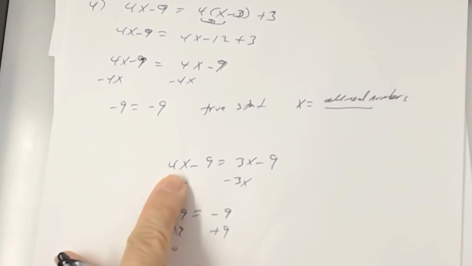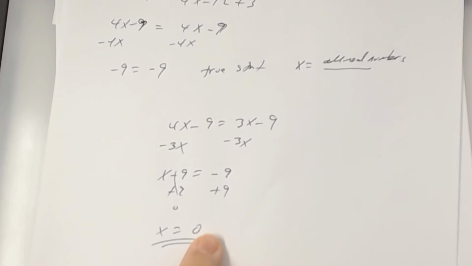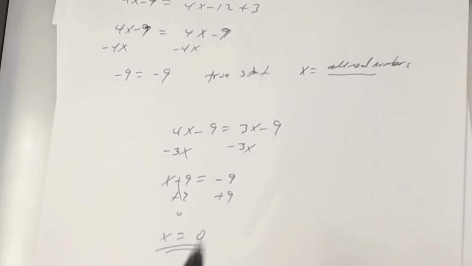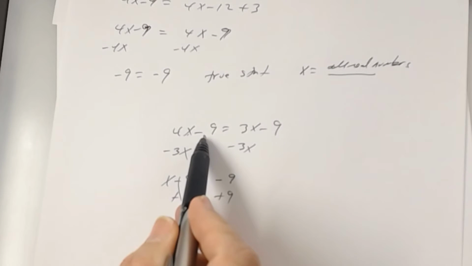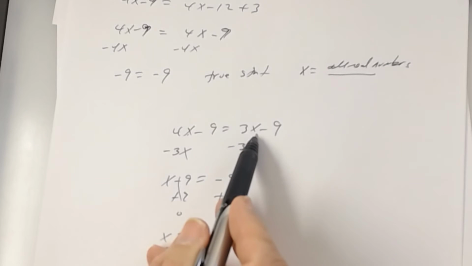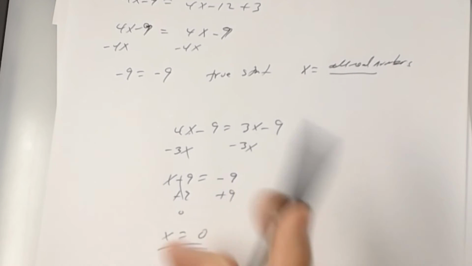In the other one, the variable terms are different, so you are going to get a value for x. In this case, it's just 0. So let's check it. What's 4 times 0? 0 minus 9 is? Negative 9. What's 3 times 0? 0 minus 9 is? Left side equals the right side.